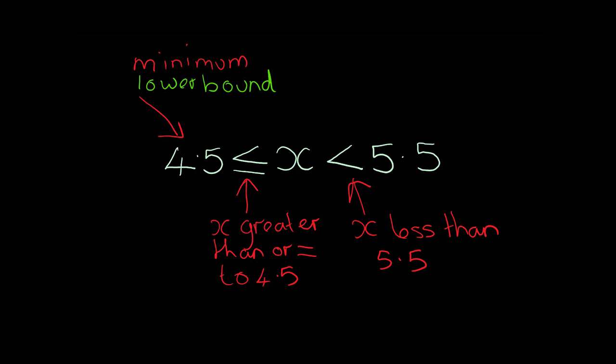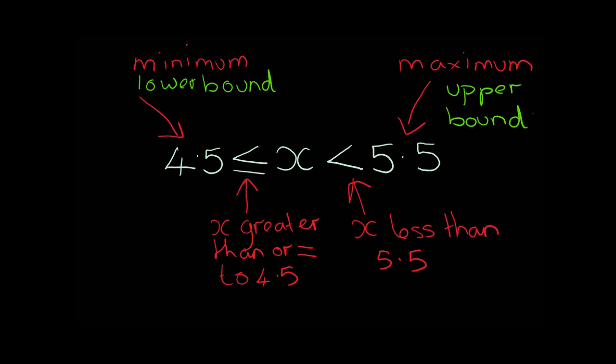So on this side, this number here, if you like, is the maximum, and that can also be referred to as the upper bound. So the upper bound or maximum is 5.5.